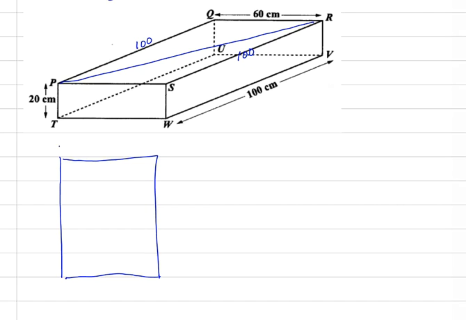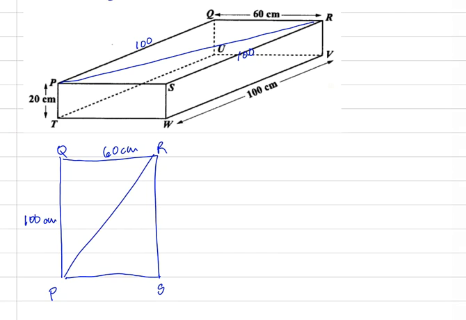Now I have Q here, R, P, and S. So this is the top of my cuboid. This is 60 centimeters. We'll already show that QP is 100 centimeters. And we're asked to find the length of QR.